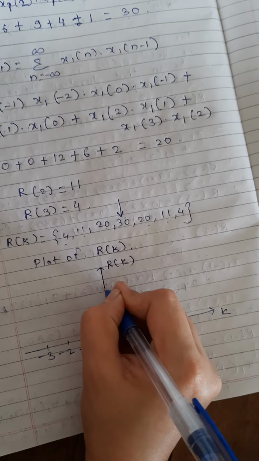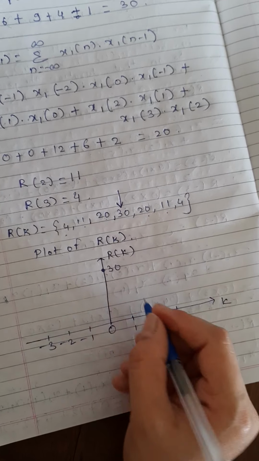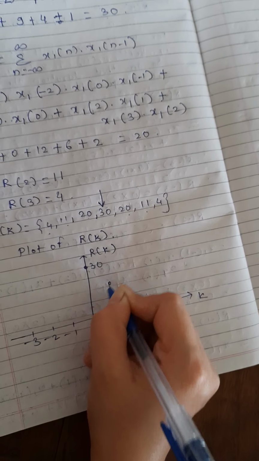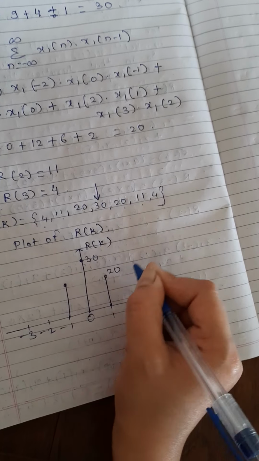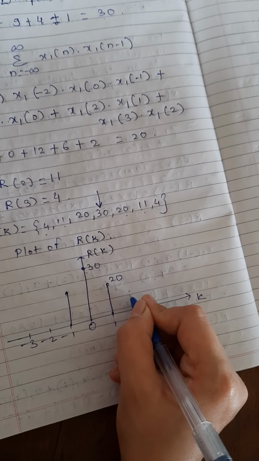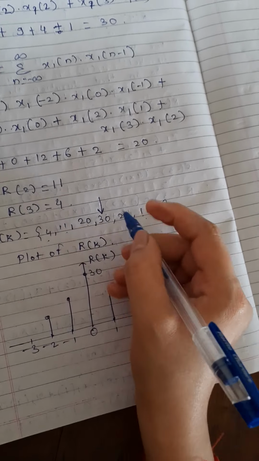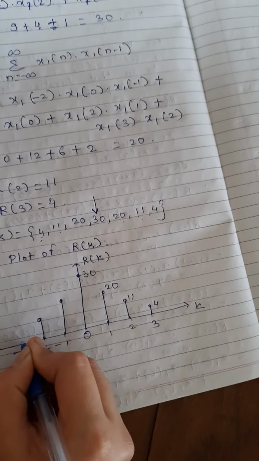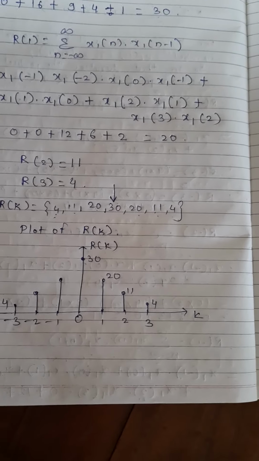For 0 the value is 30, for 1 it is 20, for minus 1 also it is 20. For r of 2 it is 11, and similarly for minus 2 it is 11. For r of 3 or r of minus 3 it is 4. So in this way we can draw the graph of r of k.